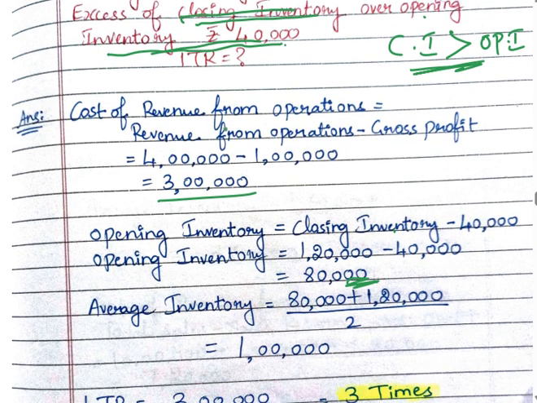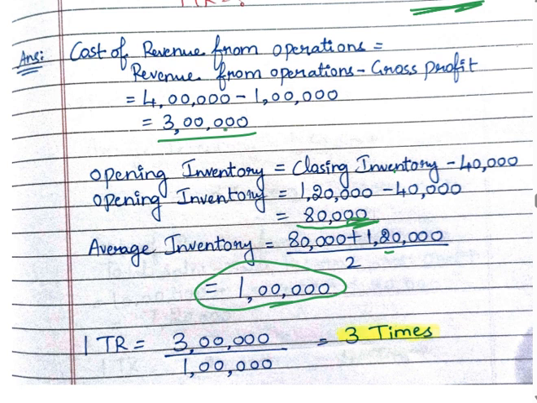Now average inventory will be equal to opening inventory which you got here plus closing inventory, this 1 lakh 20,000 is given in the question, divided by 2. We get average inventory that is 1 lakh. Now substitute in inventory turnover ratio formula. 3 lakhs divided by 1 lakh, which gives us 3 times.